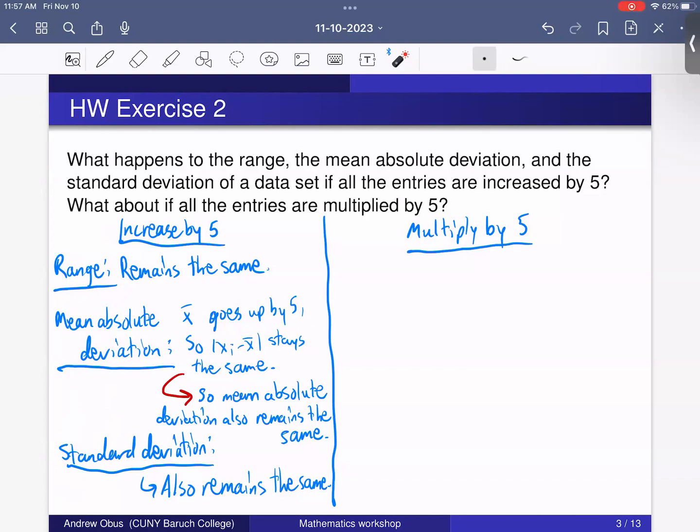So it makes sense that if you take all of the entries and you increase them by 5, then nothing happens to any measure of dispersion, right?